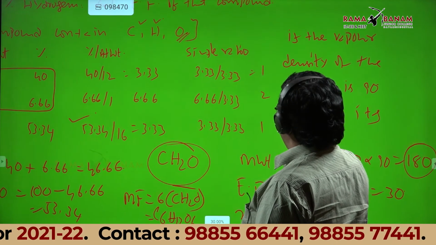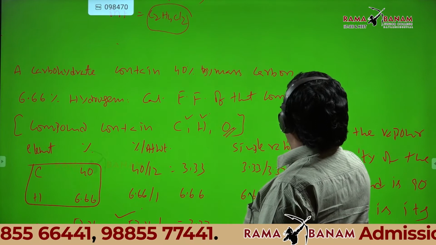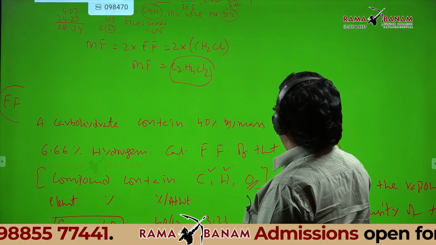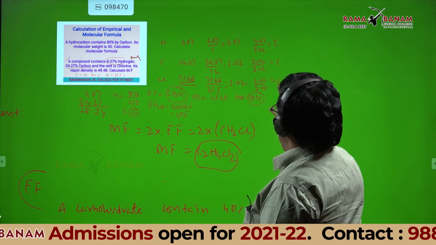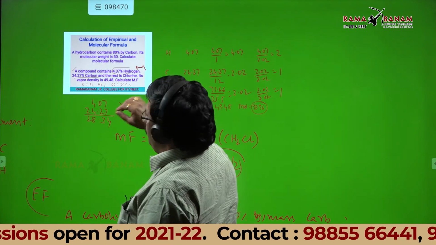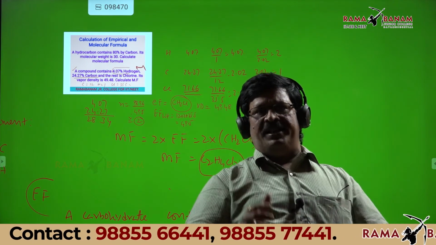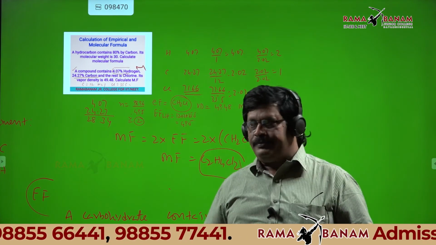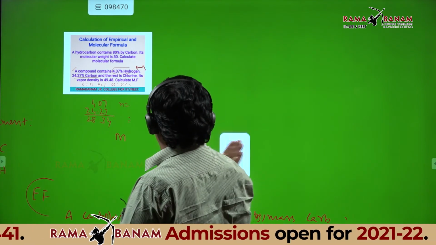See, in all these cases, by using the percentages, we calculated the empirical formula. Am I right? Yes, sir. Now I want the percentages of elements in a compound. How to calculate those percentages, that I will explain.